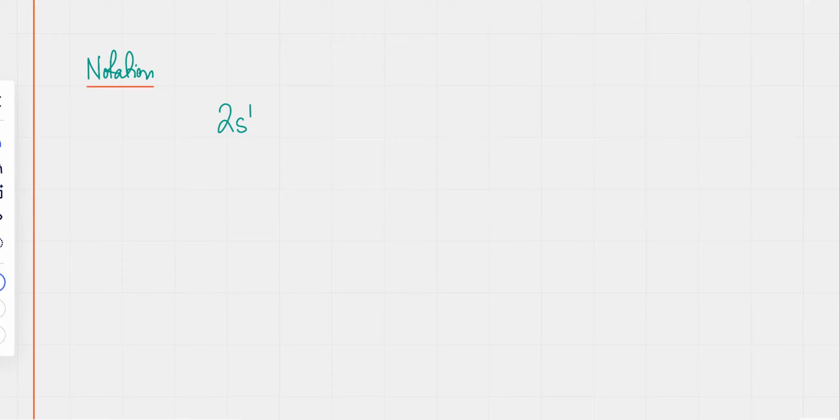So we've got 2s1. What does that mean? It means that we have an electron in the s subshell, which just has one s orbital. The 1 represents the number of electrons.